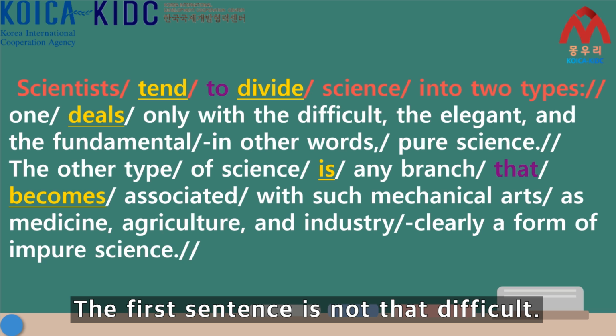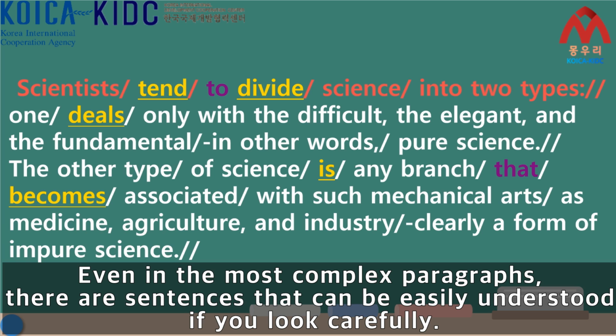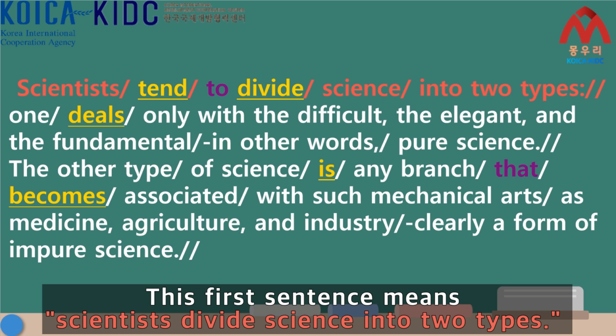The first sentence is not that difficult. Even in the most complex paragraphs, there are sentences that can be easily understood if you look carefully. You have to guess difficult sentences based on those sentences. This first sentence means scientists divide science into two types.